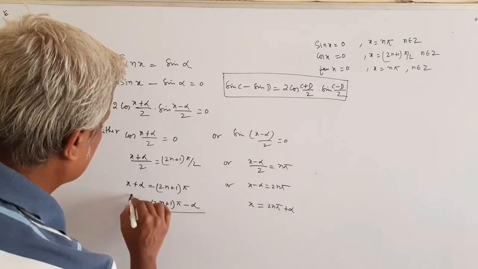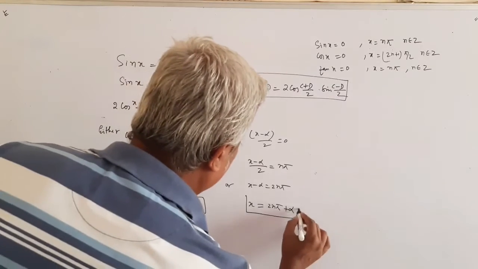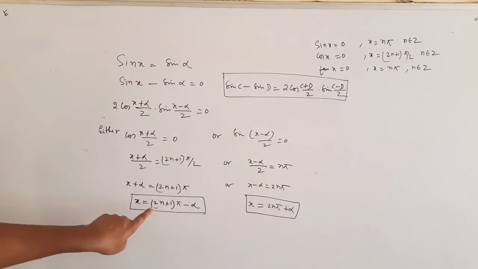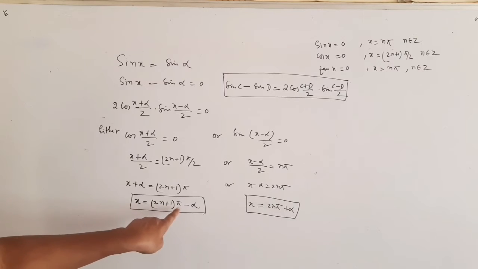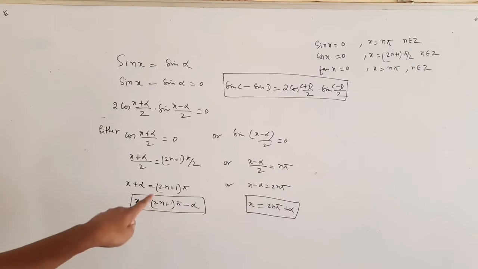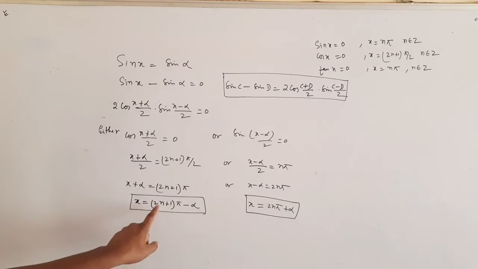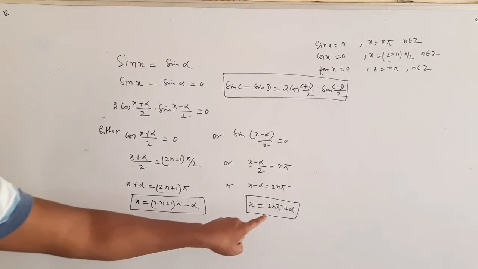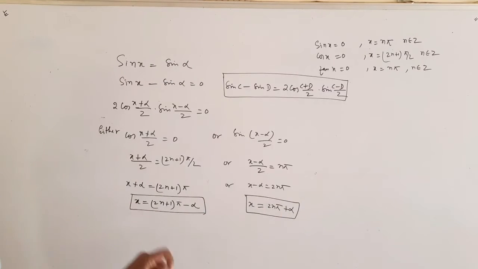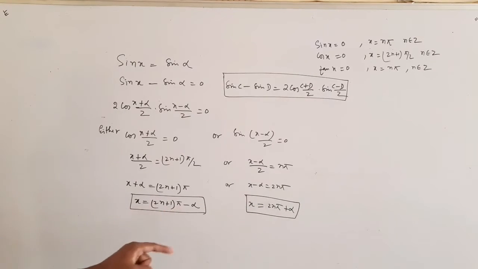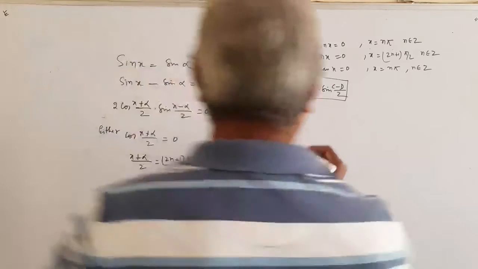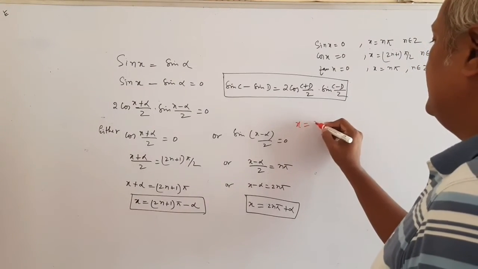Now look at these two terms properly. (2n plus 1) pi minus alpha means odd multiple of pi, because n is an integer, so 2 times integer plus 1 is always odd. So odd multiple of pi minus alpha, even multiple of pi plus alpha. When it is odd, the alpha is negative, when it is even, alpha is positive, and all these are multiples of pi.